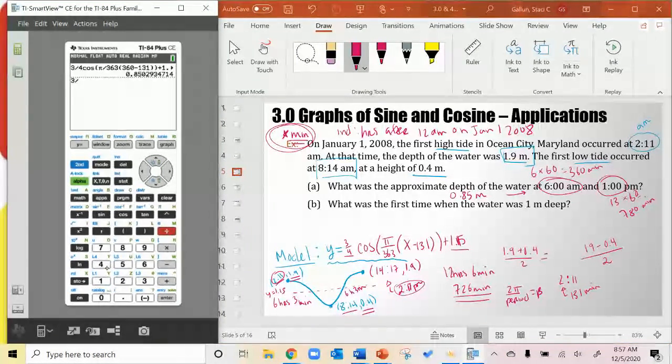So 3/4 cosine of pi over 363, parentheses, what am I at, 780, minus 131, close parentheses, plus 1.15.